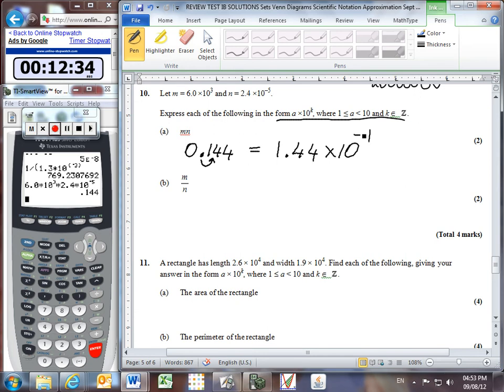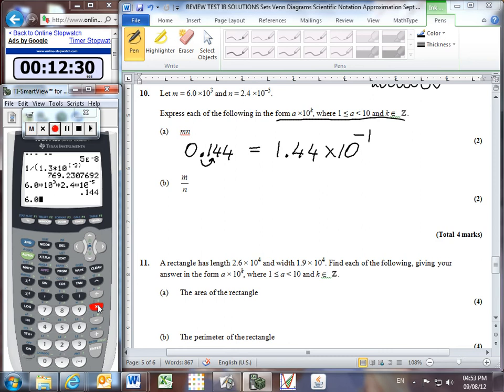Part B, m divided by n. So we've now got 6.0 times 10 to the power of 3, which is now being divided by the second expression. I better put it into parentheses to illustrate that it is a single value. In fact, I probably should have done the same thing to the numerator.